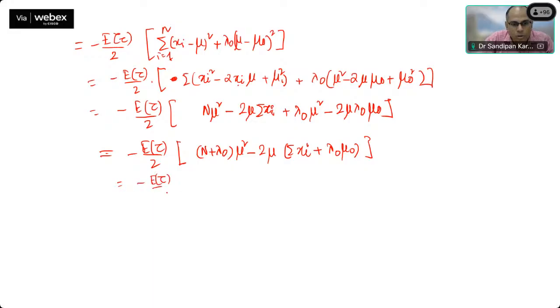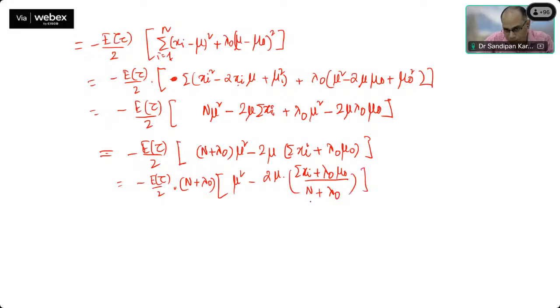Now take n plus lambda naught outside. Now this is mu square minus 2 into mu into (summation of xi plus lambda naught mu naught) divided by (n plus lambda naught). So this is the mean part, plus constant, plus constant, like this.